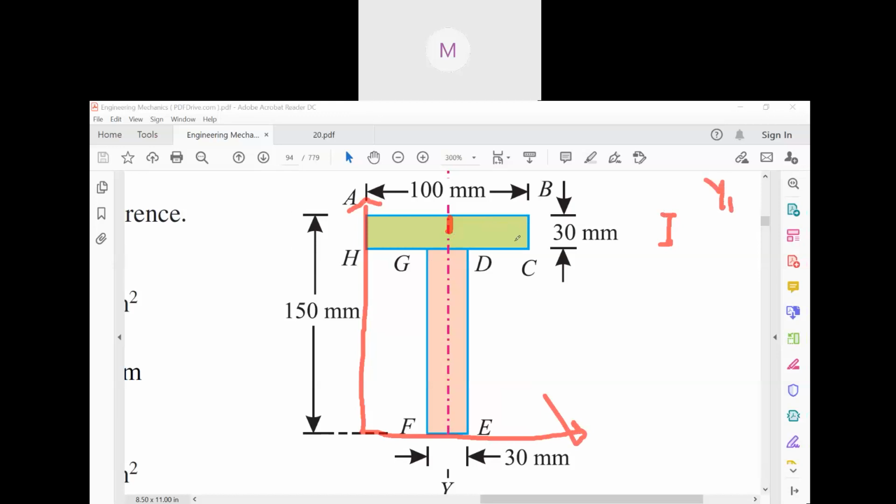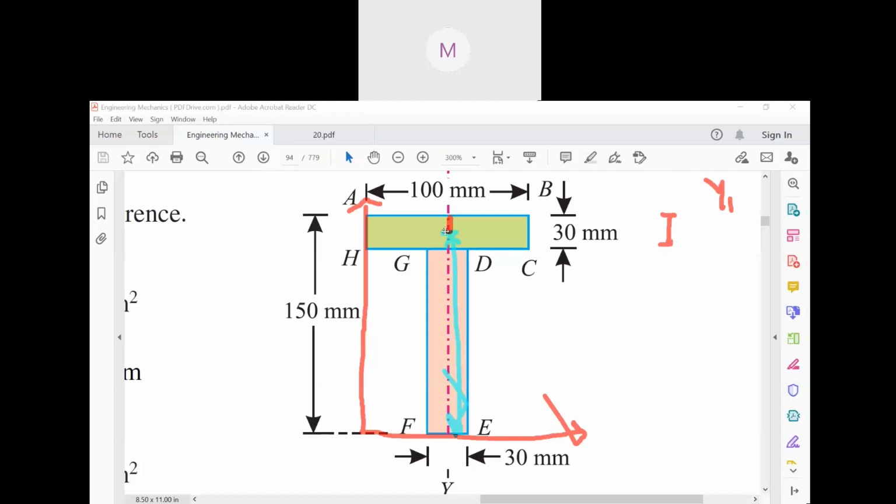Y1 means the position of this point, from which one? From here. Did you understand? Now pay attention.